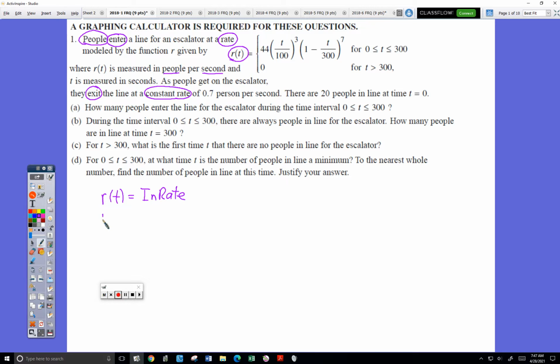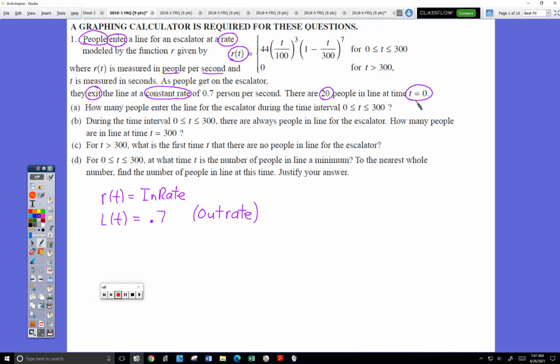So I would write on my paper L of t, that's the rate at which people are leaving, that's 0.7, and that's my out rate. There are 20 people in line at time 0.